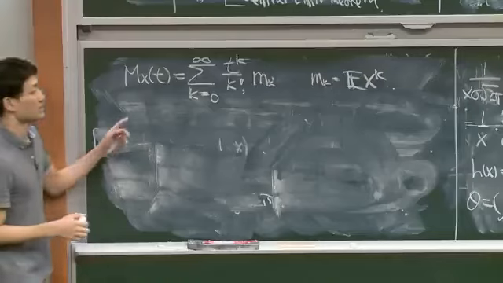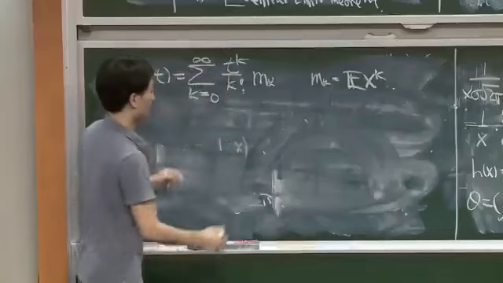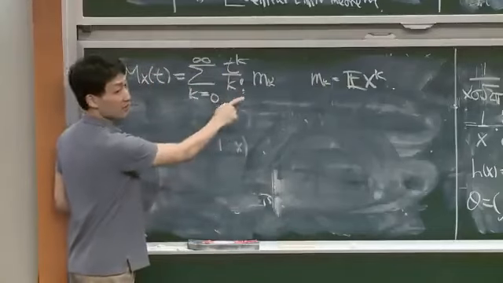That's like the Taylor expansion. Because you know all the derivatives, you know what the function should be. Of course, only if it exists. This might not converge.